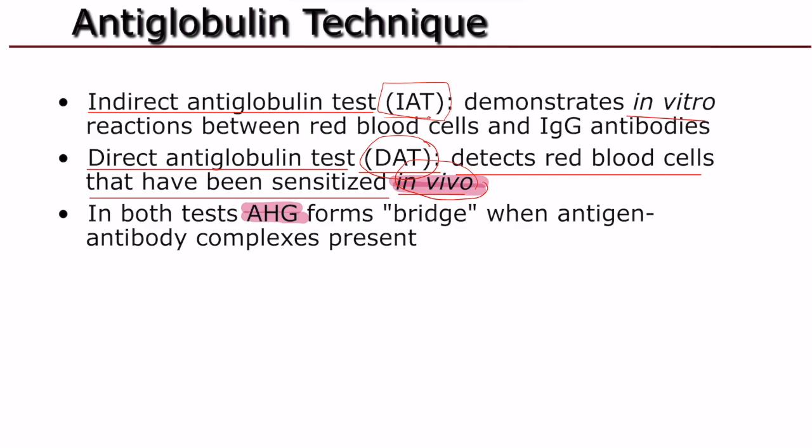The indirect, and just think about these words, indirect is always outside. It's different, and so indirect is when we have the in vitro reactions or sensitization that we're detecting. And in vitro means in the test tube.